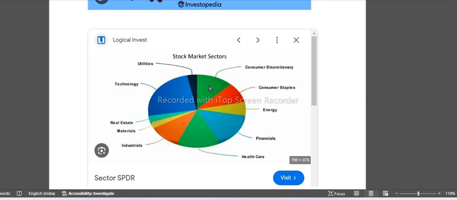Same example, you take a chemical sector ETF. The process works the same way. If you take a chemical sector ETF, you see inside that ETF, 10 or 20 and maximum 30 stocks are all chemical based stocks.